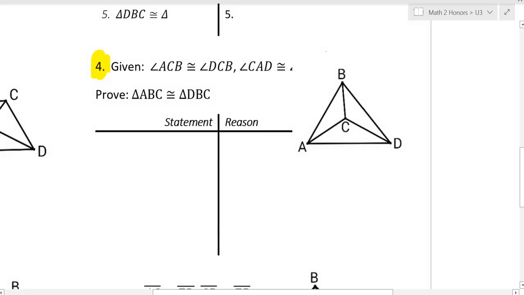So here we are given some information, and I'm just going to jot these down. Angle ACB is congruent to angle DCB, and I'll mark that in. ACB, right here, is congruent to angle DCB right here.